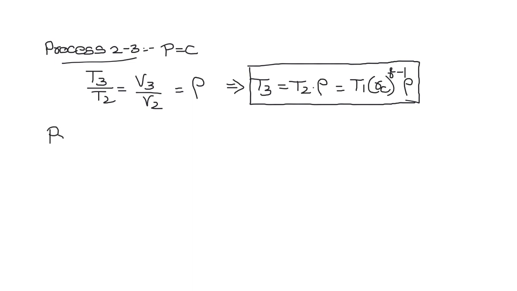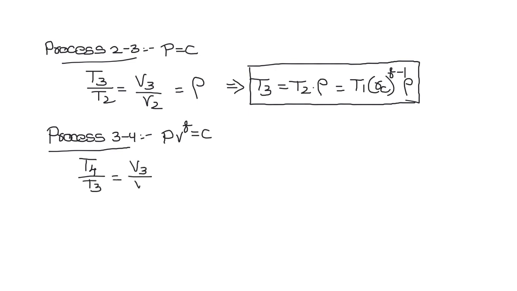Now let us go for process 3 to 4. This is isentropic expansion, so PV^gamma equal to constant. We can write T4 by T3 is equal to (V3 by V4) whole to the power gamma minus 1. V3 by V4 is nothing but rho by Rc, that we have learnt, to the power gamma minus 1.